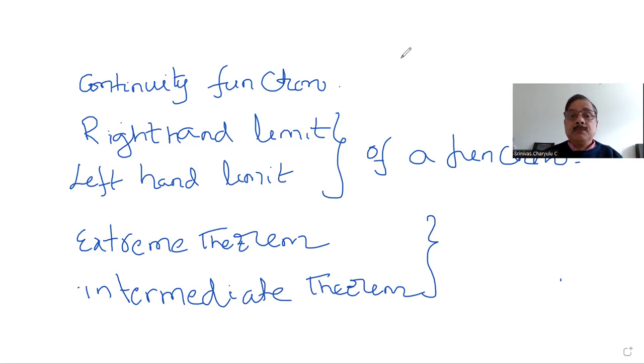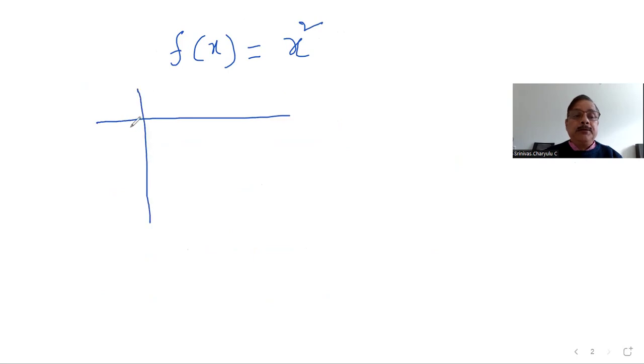Now here I would like to bring up one important point. Let us say I have a function f of x equals x square. When you want to plot it, how will you plot?